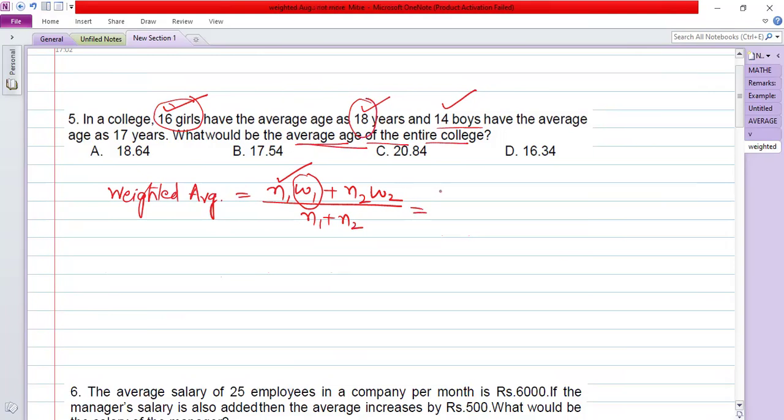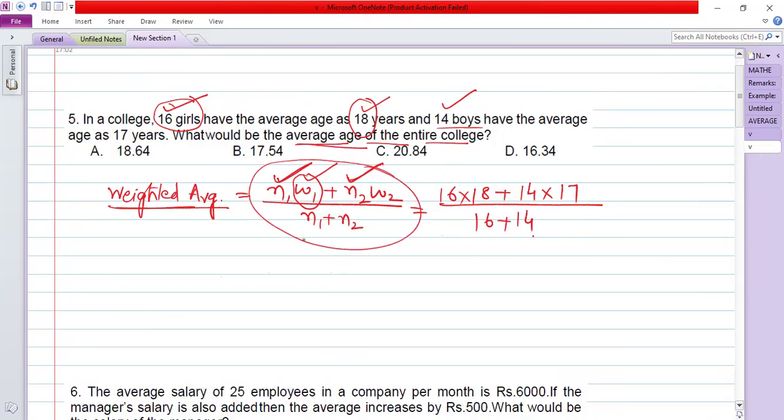So it will be 16 into 18 plus N2, which is 14, and their average is 17, divided by 16 plus 14. So we can calculate this way also. This is the weighted average: the average of N1 is W1, the average of N2 is W2, and this is the average of the total N1 plus N2.